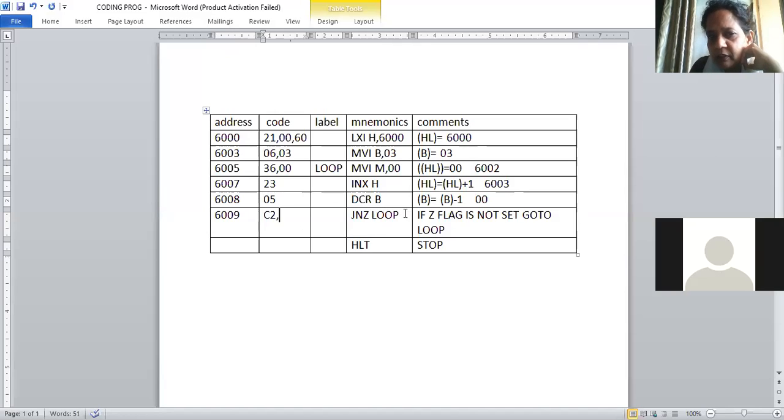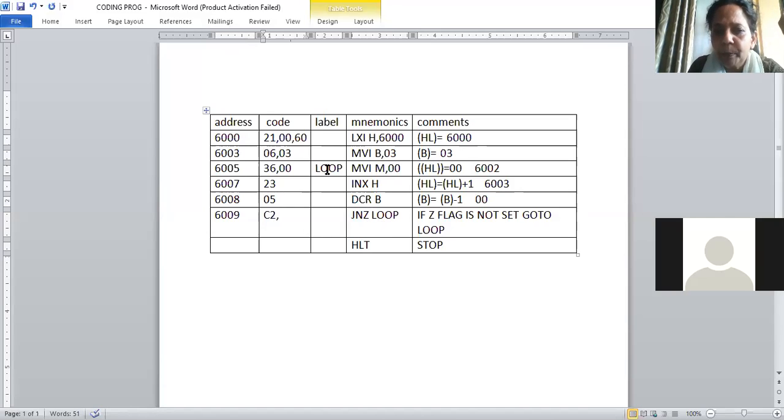Now this is not a 16-bit address. This is just a label. See, here I had a 16-bit number in the instruction, but here there is no 16-bit number in the instruction. That means I will have to find out what that 16-bit number is. So if you see jump if not 0, it is going to the loop label.